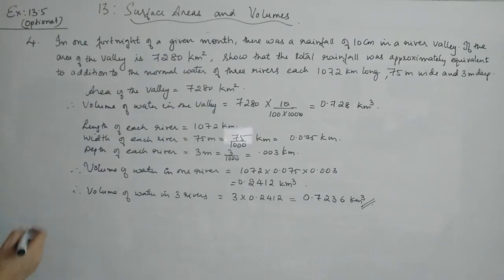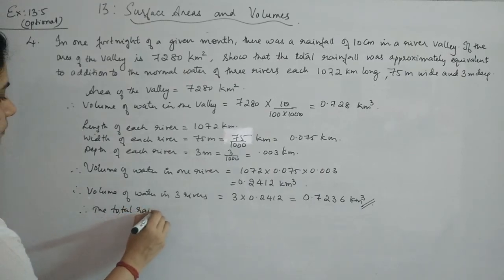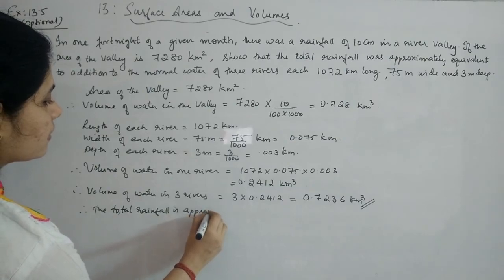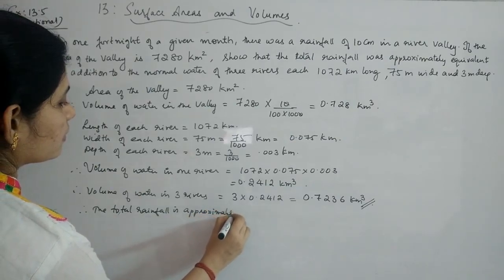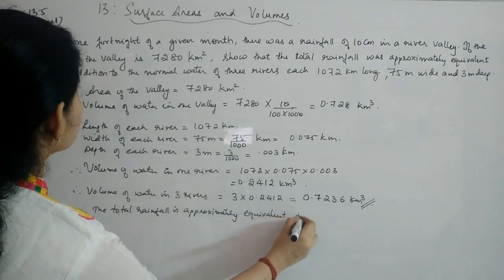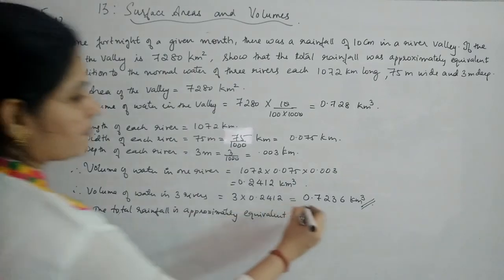Therefore the total rainfall is approximately equivalent to the addition to the normal water of the 3 rivers.